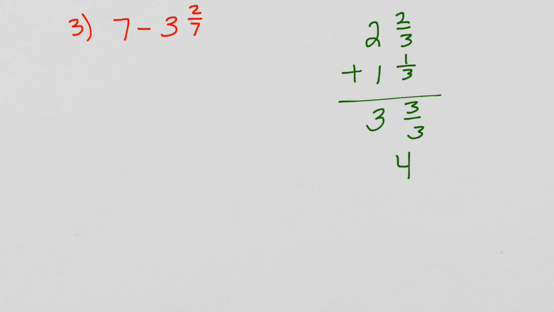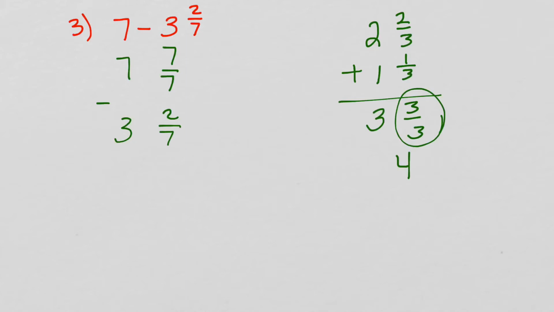So what we're going to do is we're going to do the 7 minus 3 2/7. So right away we know that we need the denominator to be 7 so that we have a common denominator. And we also know that this fraction has to be 1 whole, so we know the numerator is 7.